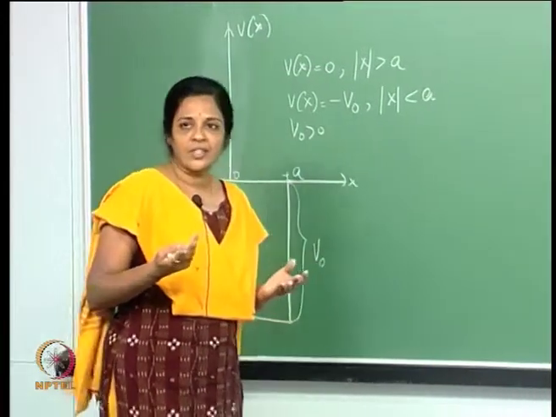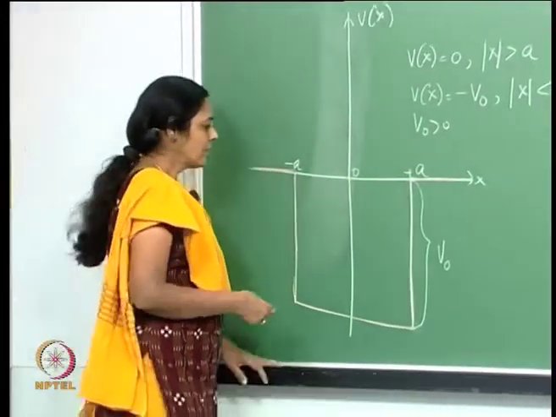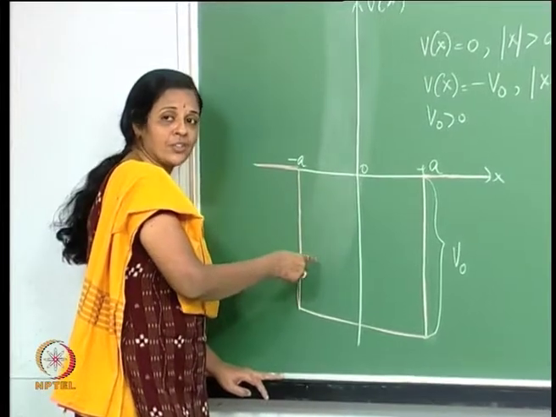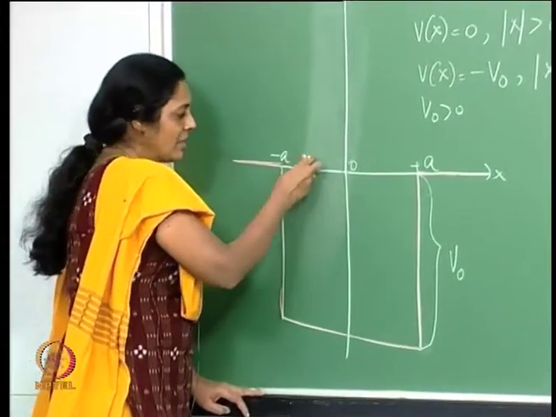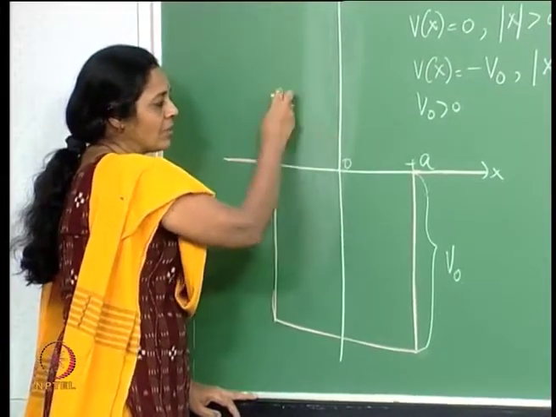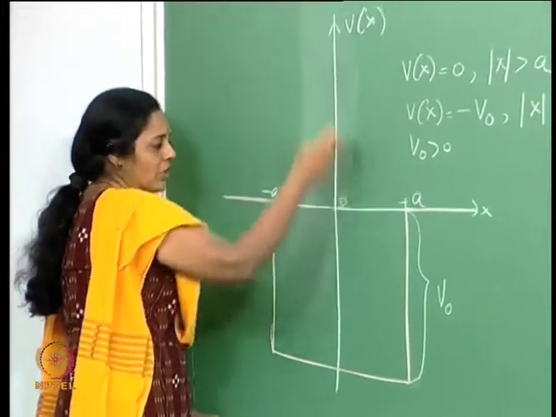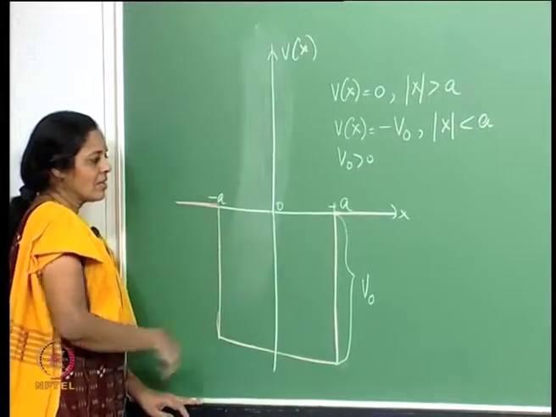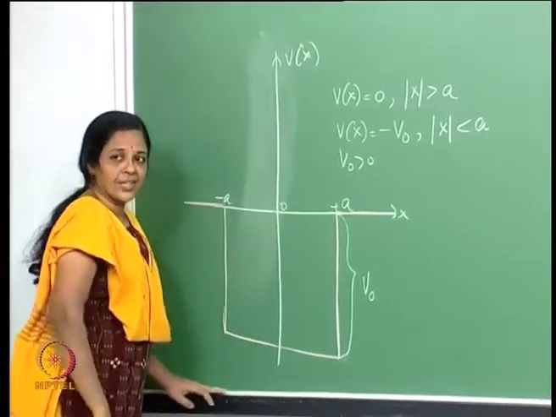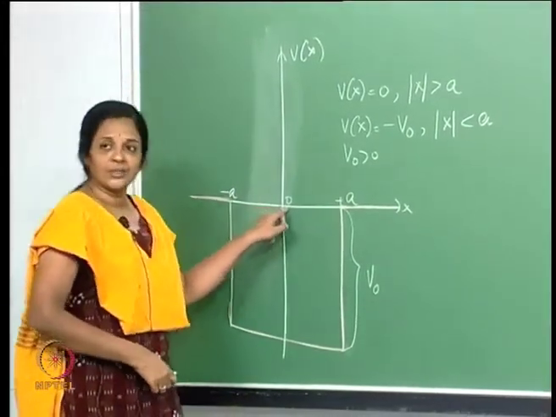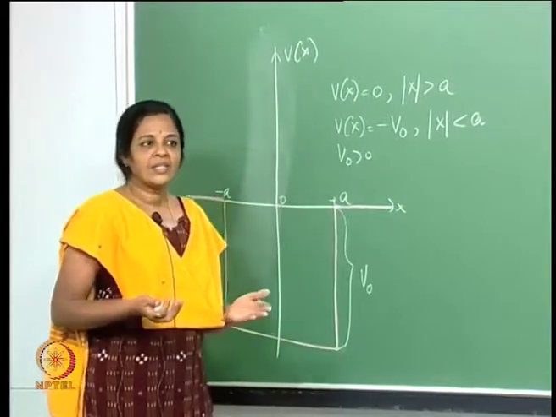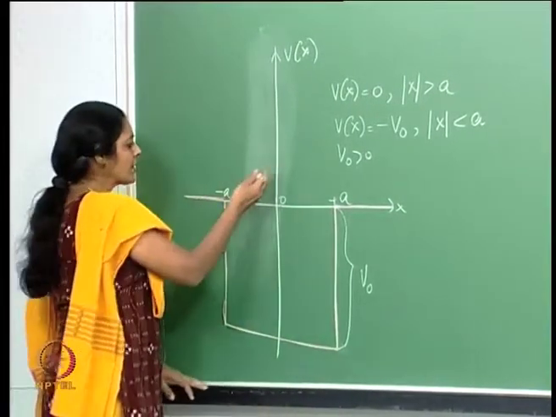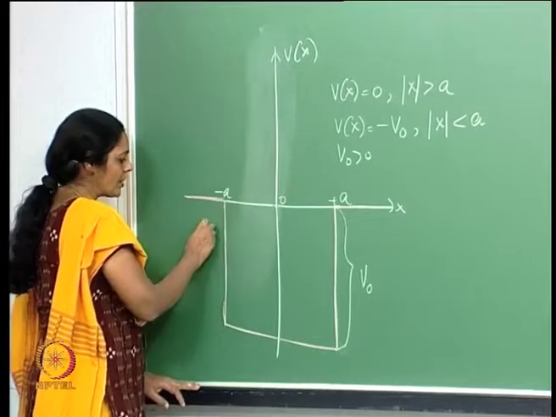Now if the total energy is greater than 0, and you have to schematically show where the energy is, you would say that the energy is somewhere out there. If you think of this as total energy, then the energy level is above this axis, because this is the 0 of energy. In that case, the particle can move into all these regions.